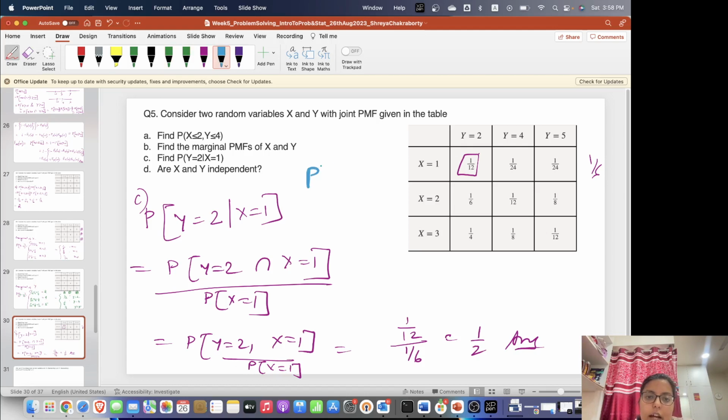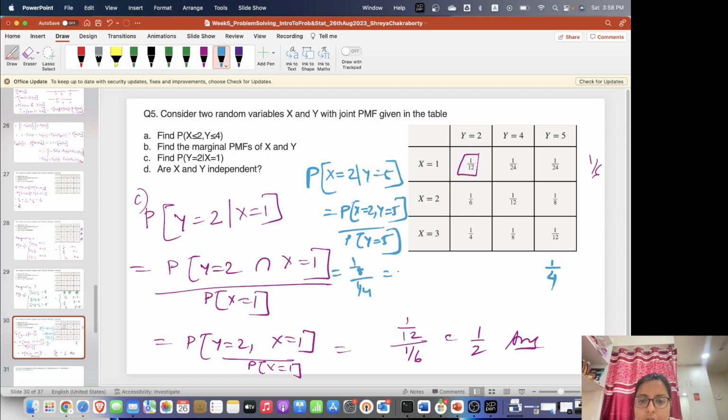So if we had probability x equal to 2 given y equal to 5, we would have taken this one. For y equal to 5, the marginal was 1 by 4. So it will be x equal to 2, y equal to 5 by probability y equal to 5. Then x2, y5 is 1 by 8 by 1 by 4. This should also have been half.